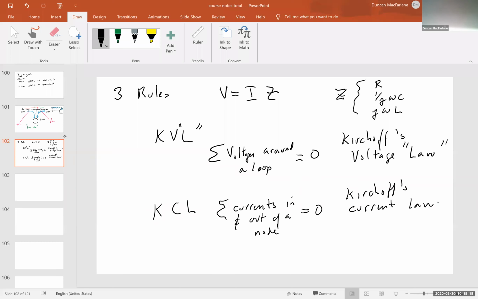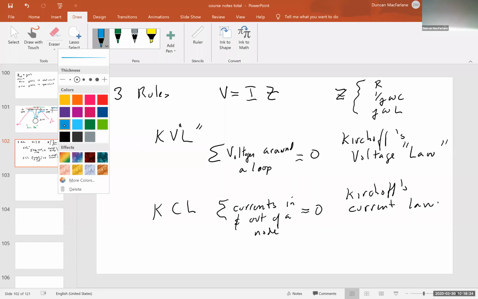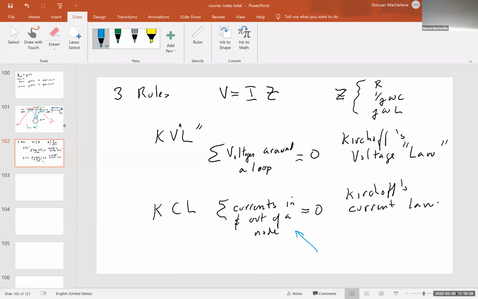And this is a consequence of conservation of charge. So we can't create or destroy current.